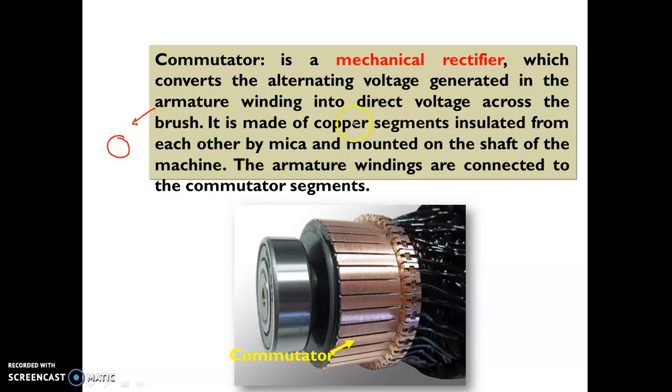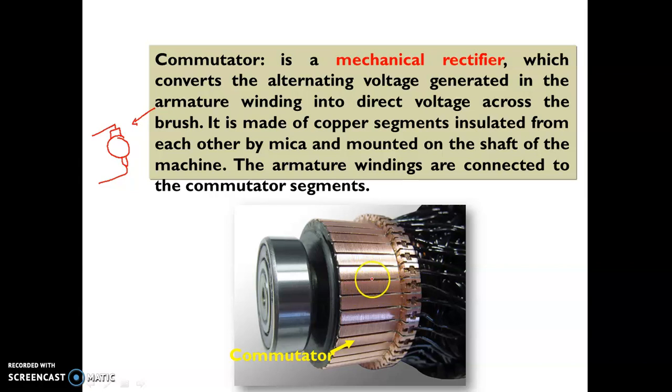This is your brush. So across the brush, this portion is converted into direct voltage. It is made up of copper segments insulated from each other by mica and mounted on the shaft of the machine. You see, this is your commutator, and on this part brush is placed.